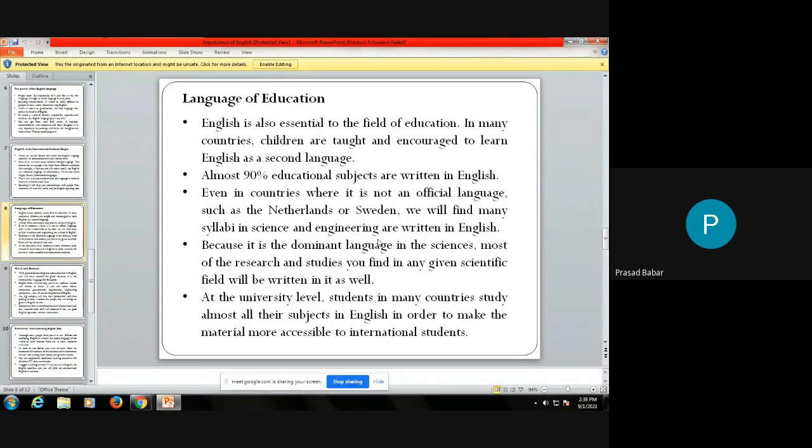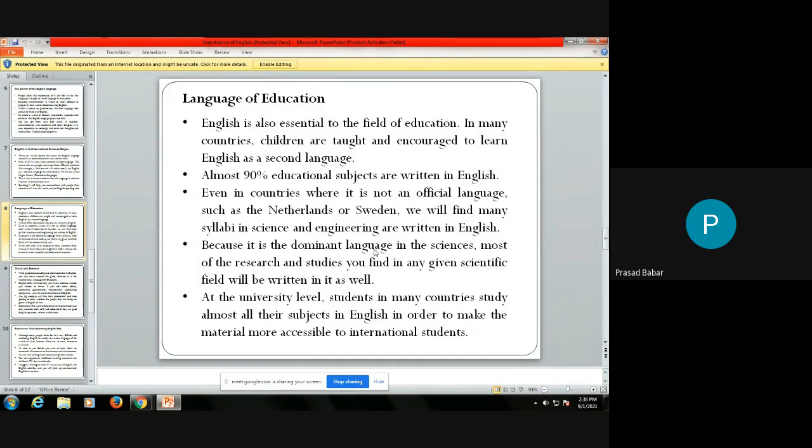It is because they are trying to make you competitive in this world. They are thinking that you will have to compete in other countries, and that is why they are choosing English as the language of medium.